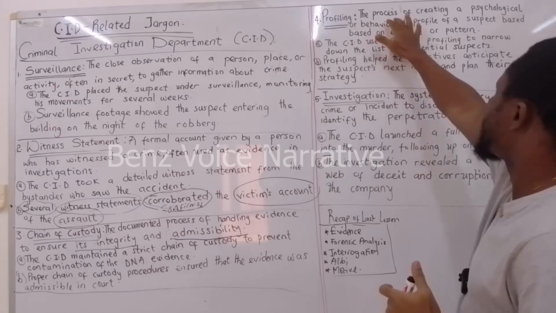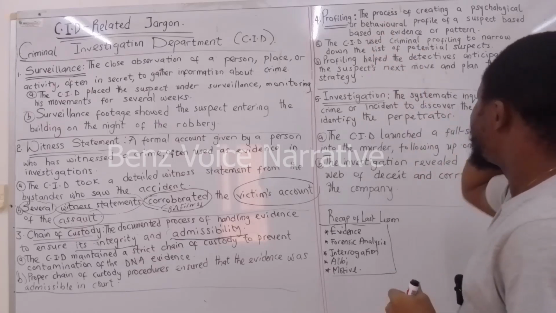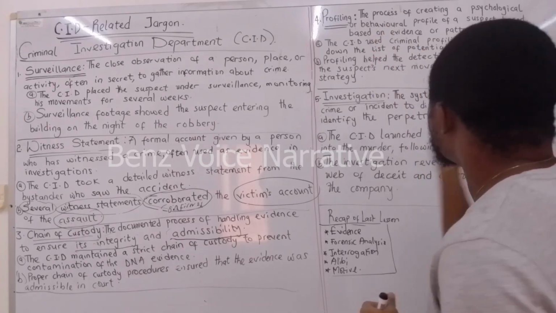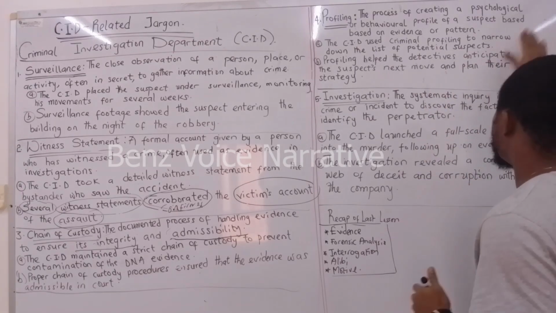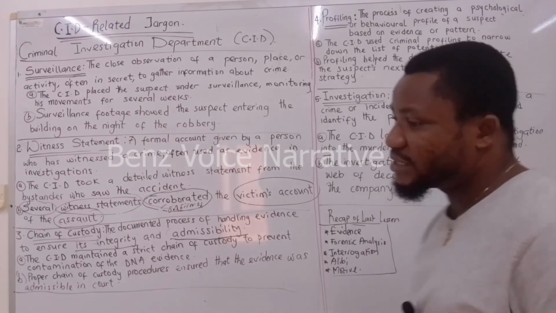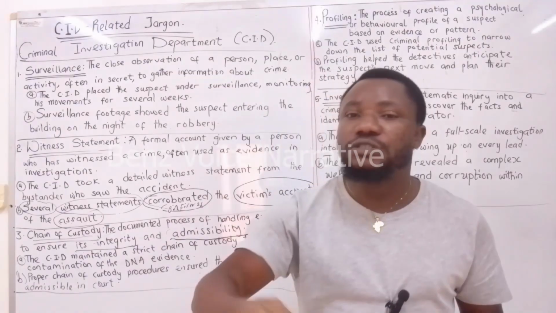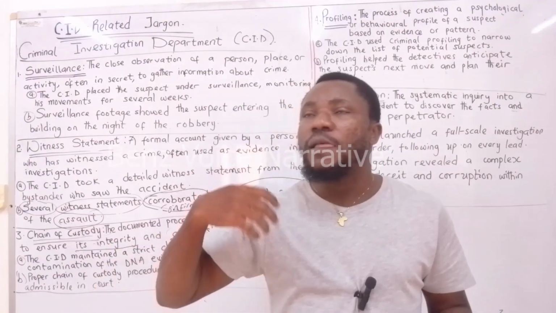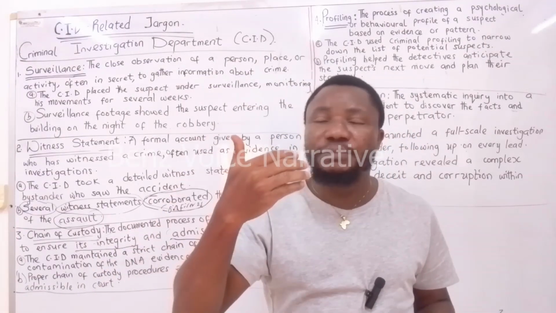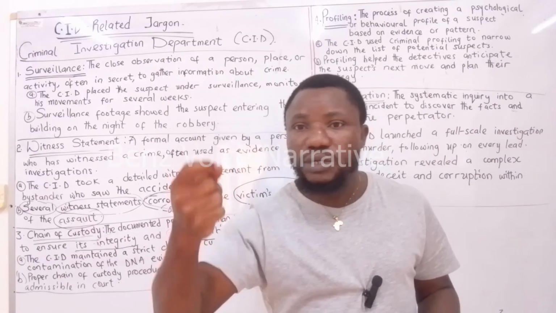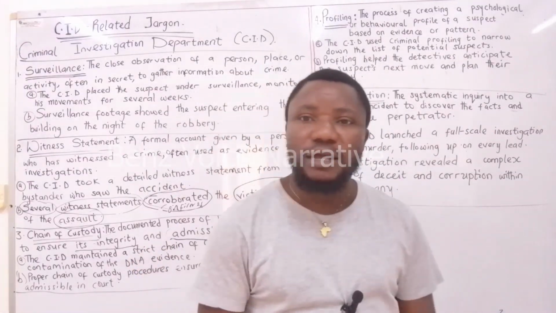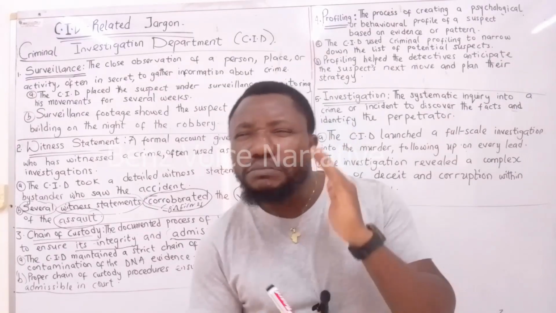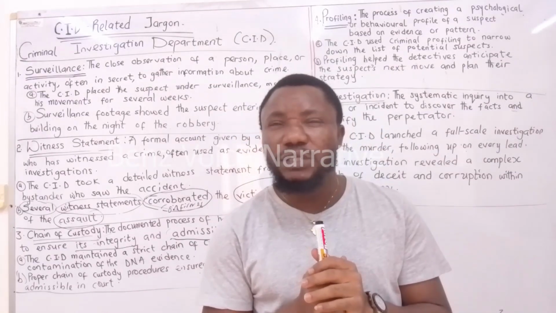So this is the process of creating a psychological or behavioral profile of a suspect based on evidence or based on pattern. In this way, you can have officers penning down how a suspect could look in terms of behavior. How does he walk? How does he look? Does he wink all the time?